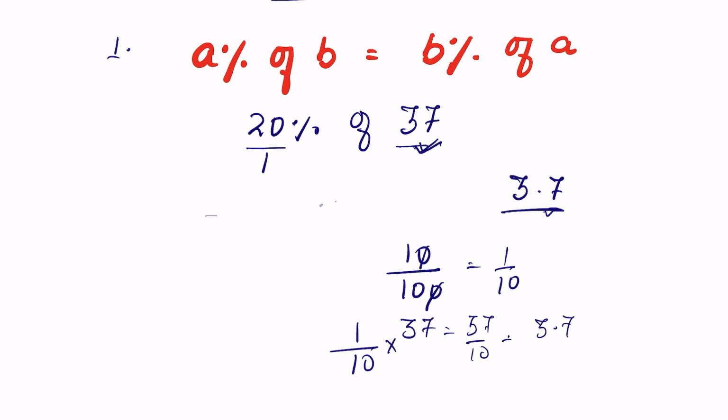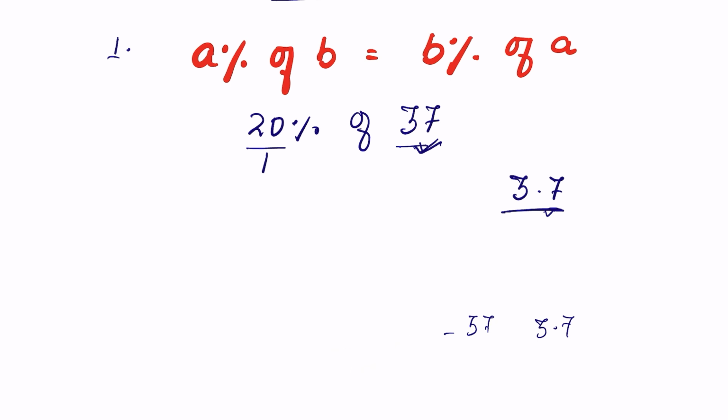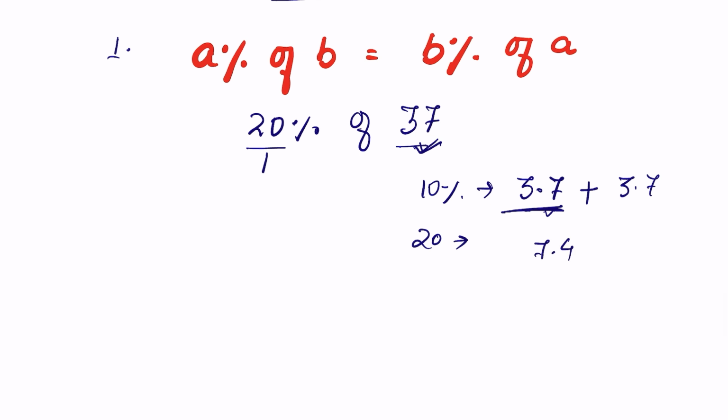So simply whenever there is 10%, we put a decimal after one digit. So 10% is 3.7. So 20% will be, add 10% to it, 3.7 plus 3.7, that gives us 7.4. So 20% equals 7.4.